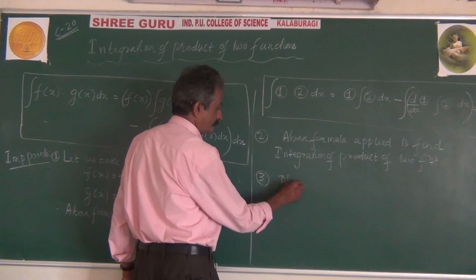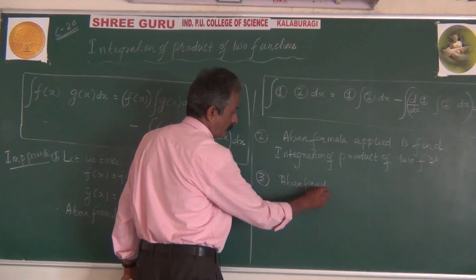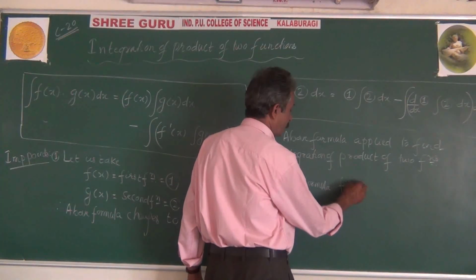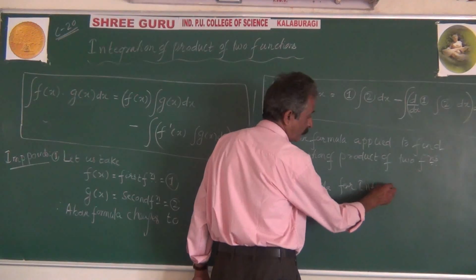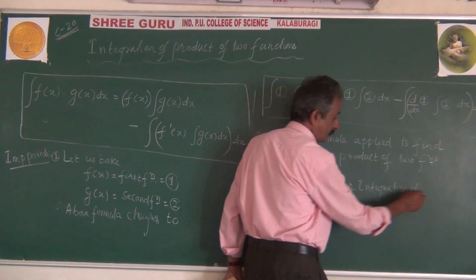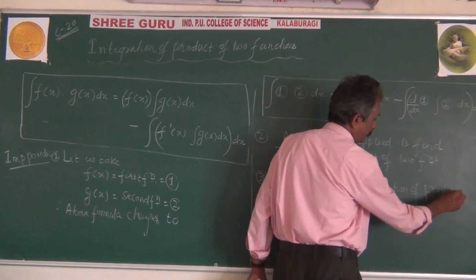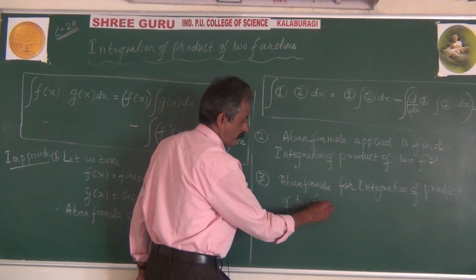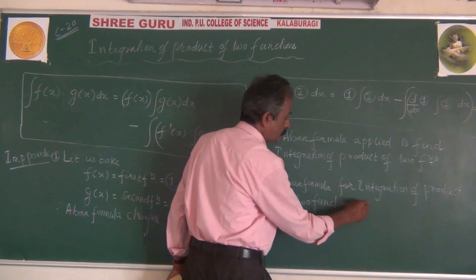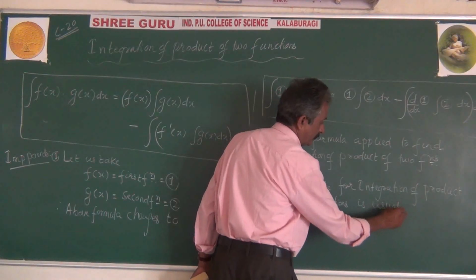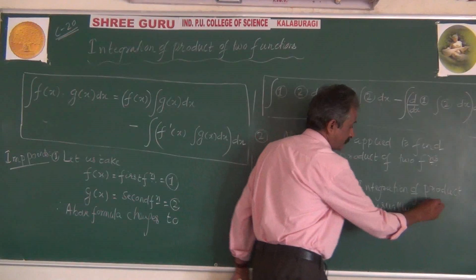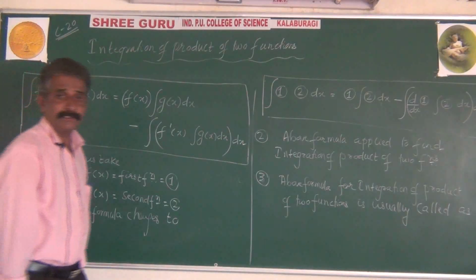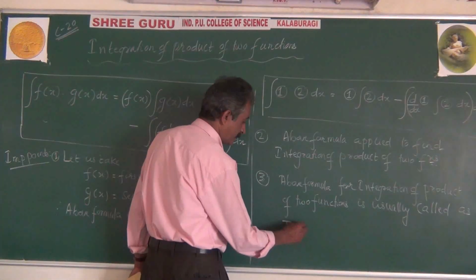You write about the next point. Above formula means this formula. Above formula for integration of product of two functions is usually called the integration by parts formula.